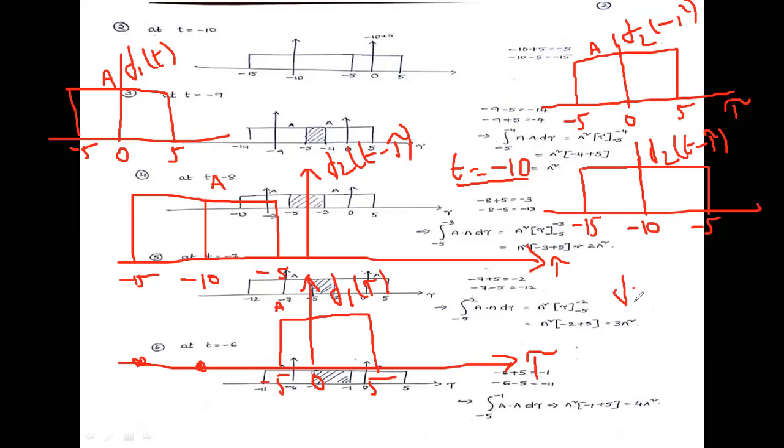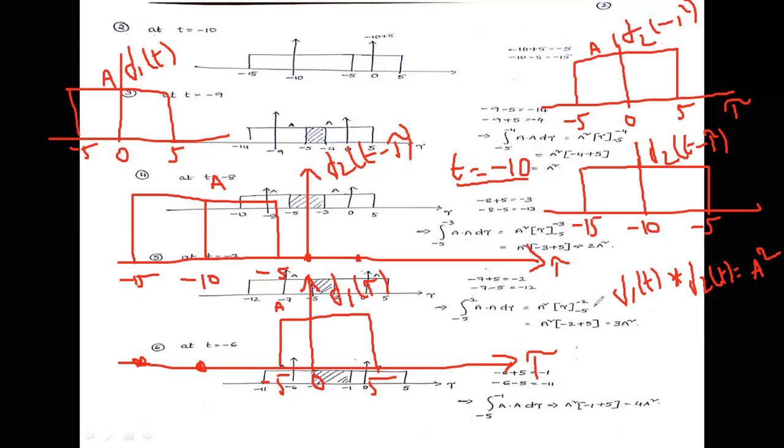So we get this value, A into A, A square, for the convolution of F1 of t with F2 of t at t equal to minus 10. Okay, got it. And at 0, the value is A into 0, which is 0. And for the 5, the value is A here, but here it is 0.